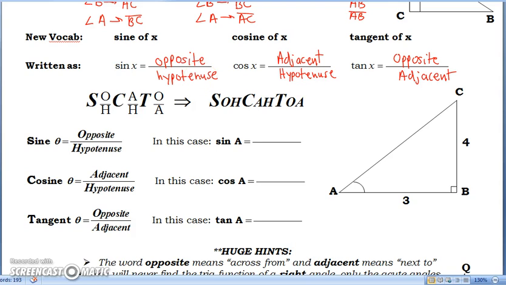However you want to remember it, as long as you commit SOHCAHTOA to memory, all of the trig becomes very easy. When you see the sine of theta, theta is just a name for an angle, just like A, B, C. So in this case, what is the sine of A?